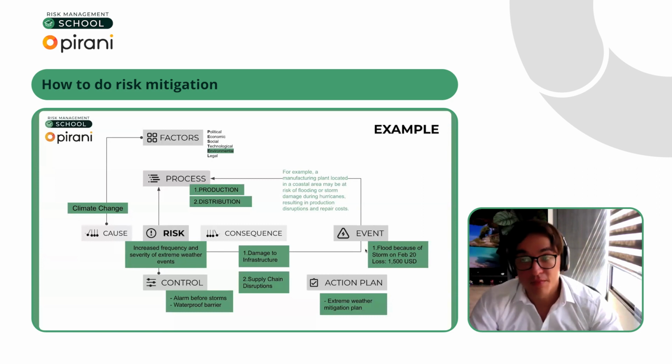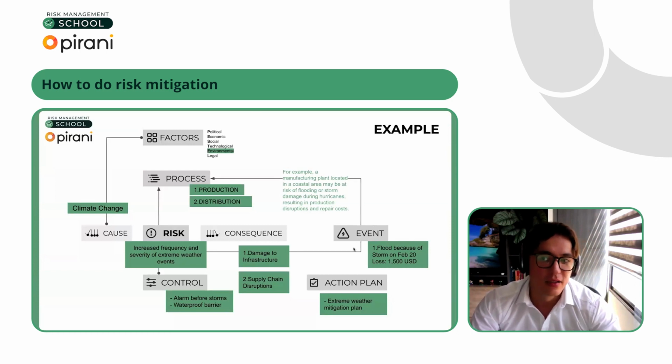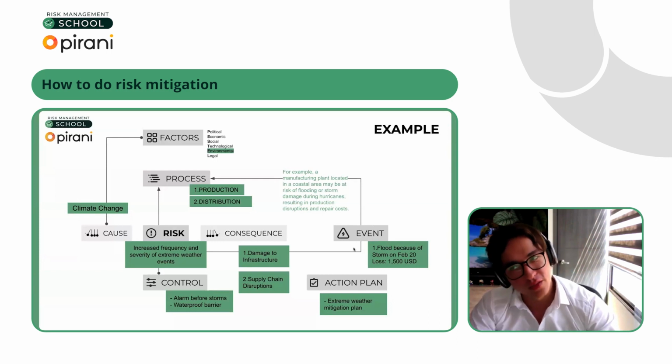If you have plenty of events of this specific risk or consequence, maybe you need to reassess the risk. Maybe originally you put that this risk was unlikely, but if it is happening twice a week, maybe you need to put very likely, right?